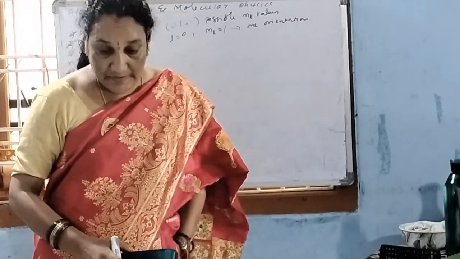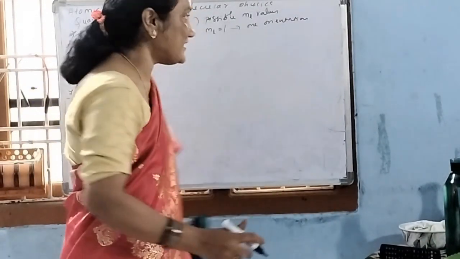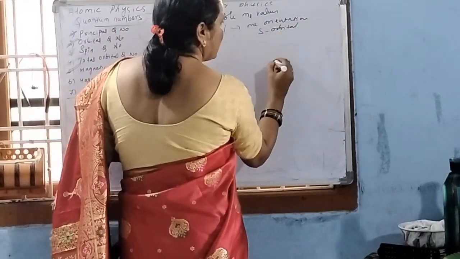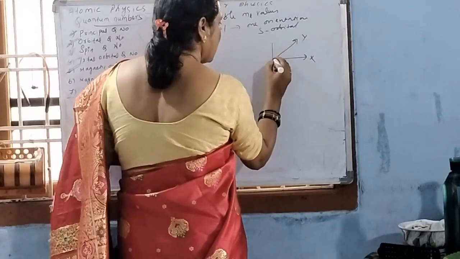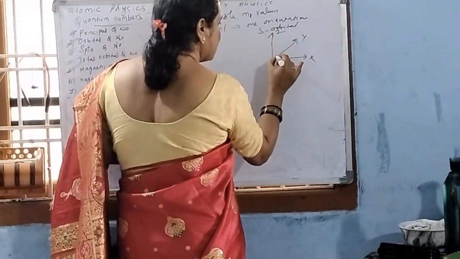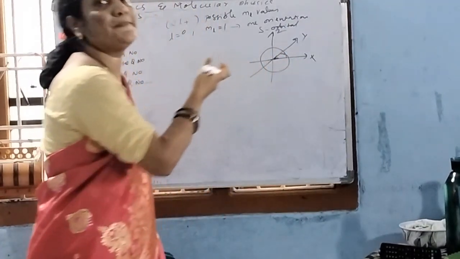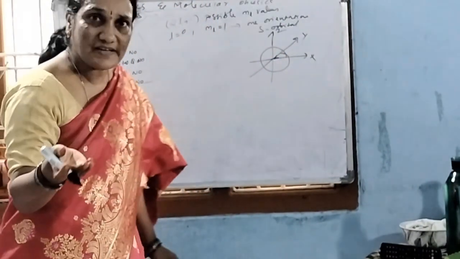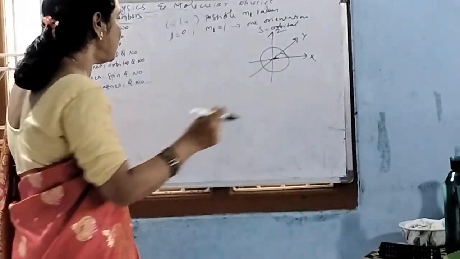For each value of principal quantum number n, there is only one orientation, and that is the s orbital. Now x-axis, y-axis, z-axis: s orbital, spherical shape. P orbital, dumbbell shape. In chemistry you have read this.